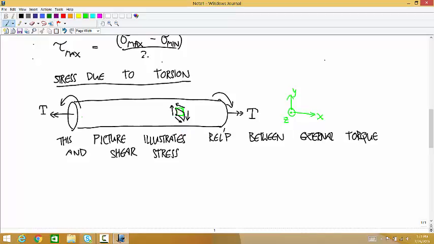So this torque corresponds to a negative xy shear stress. Okay, can you visualize that? Think about that for a second.